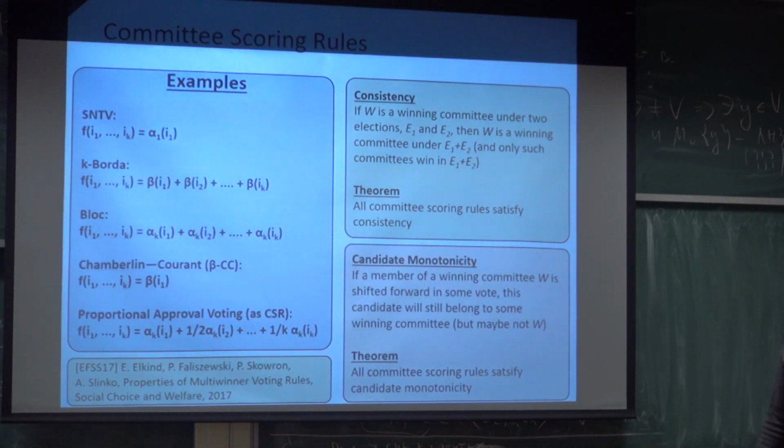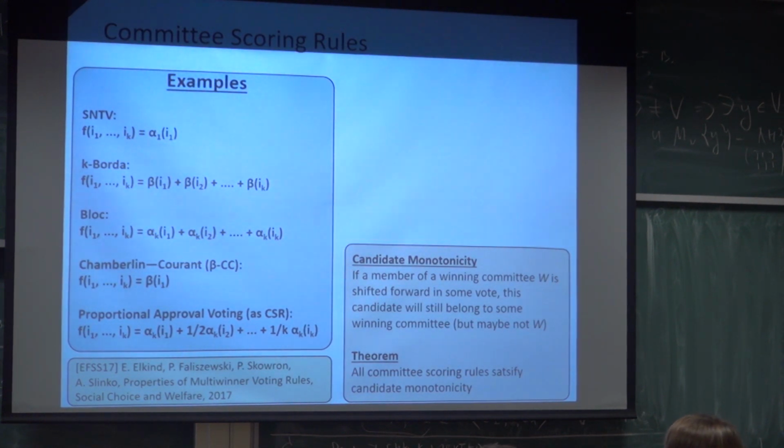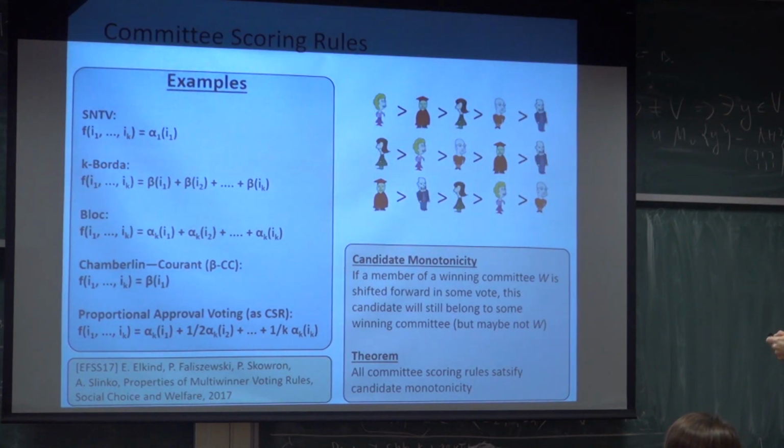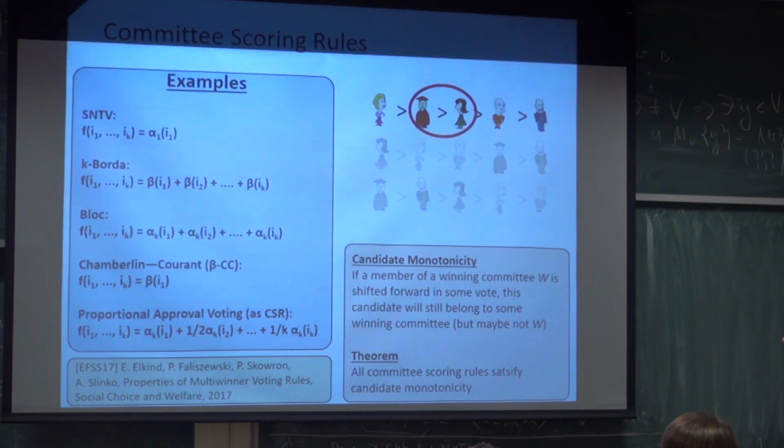Another property that is satisfied by all committee scoring rules is candidate monotonicity. Remember that we had committee monotonicity. Now candidate monotonicity is slightly different. It says that if we're focusing on a single vote, and we have some committee, and we improve the position of the green lady, then the green lady will still be in the winning committee, but maybe another one, not the one that she was in before.